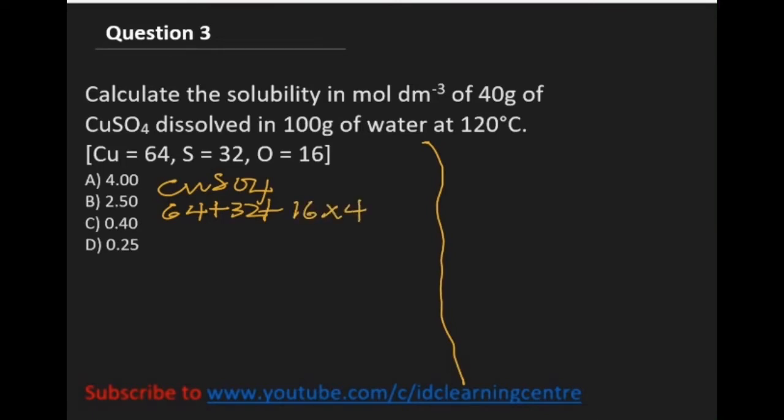So we add them together. 64 plus 32 gives us 96, plus 16 times 4, which is 64, which sums up to 160 grams.